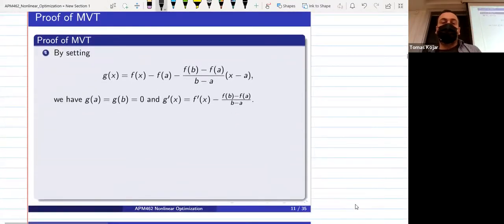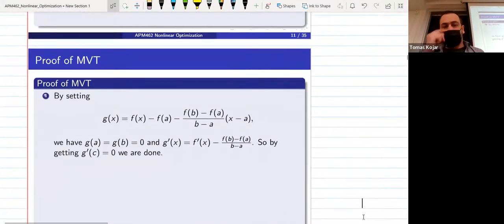And then g prime of x, you have f prime of x, f of a dies out, derivatives of constants are 0, and the derivative of x minus a is 1. So to prove the result, I just have to show you that there exists some c so that g prime of c is 0.